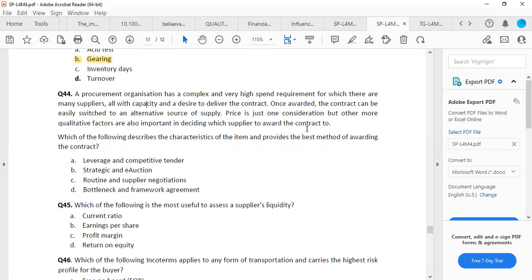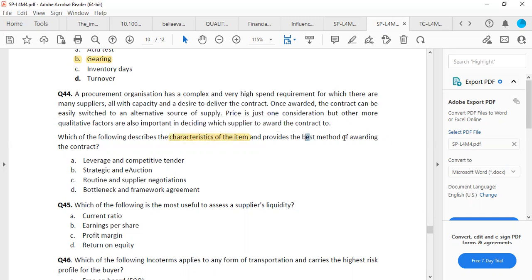Price is just one consideration, but other more qualitative factors are also important in deciding which supplier to award the contract to. Which of the following describes the characteristics of the item and provides the best method of awarding the contract?